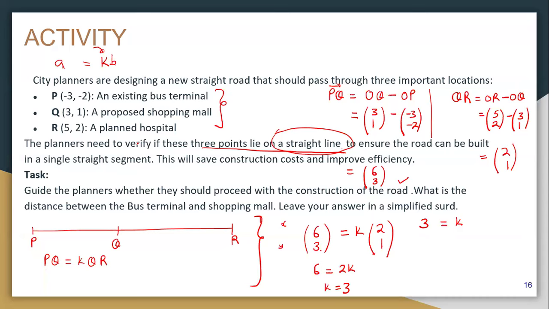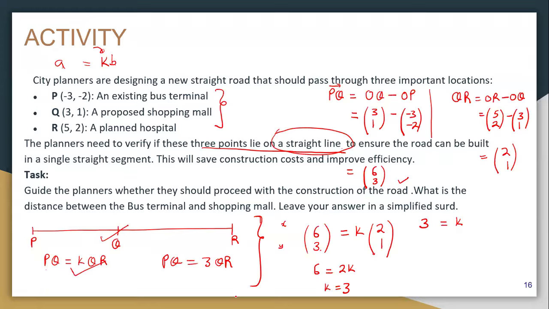As long as you have mentioned that they lie along the same straight line, they have a common point, and there is a scalar 3, which when you multiply, you get exactly the other vector, and then you state that PQ is equal to 3QR, you can conclude in that way.